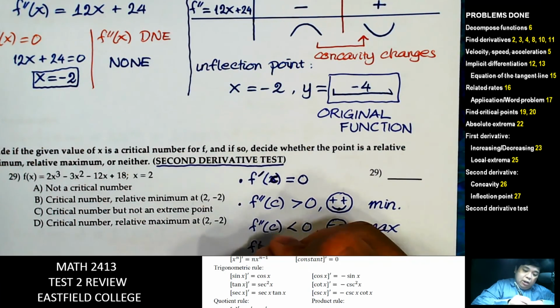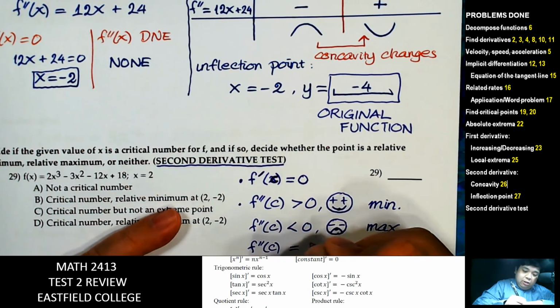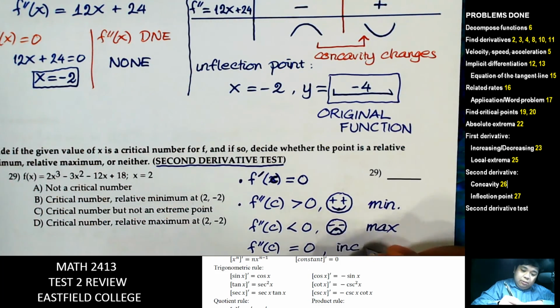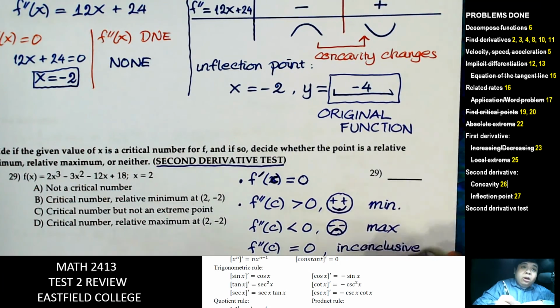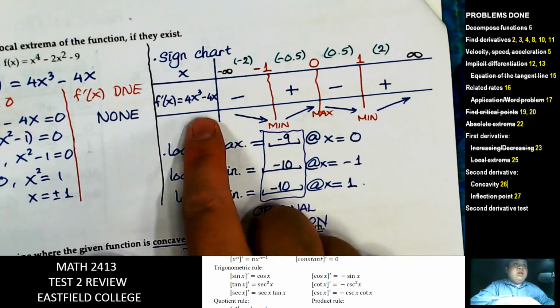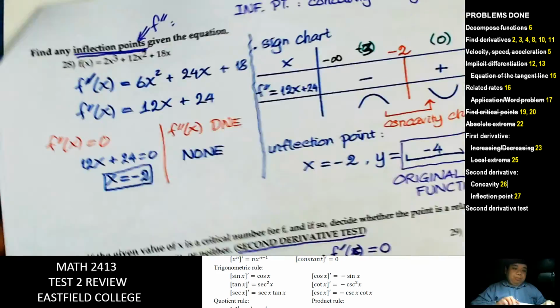And if it equals 0, it is inconclusive. In that case, we cannot use this anymore. We have to use this to determine the maximum or minimum.